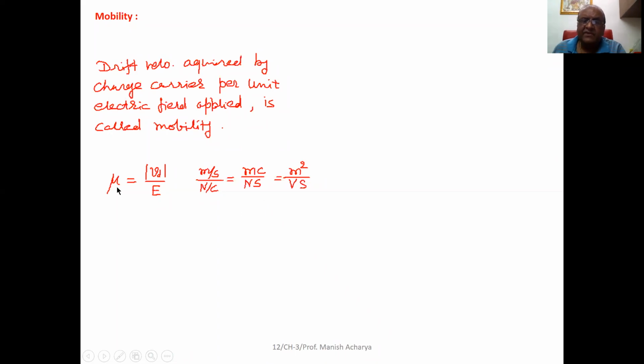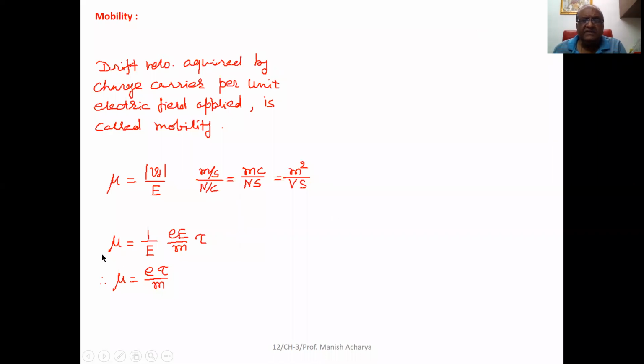That is the unit of mobility. Or suppose we take the unit of electric field as volt per meter, then meter per second upon volt per meter will give you meter square per volt second. Clear to all of you up to this one?